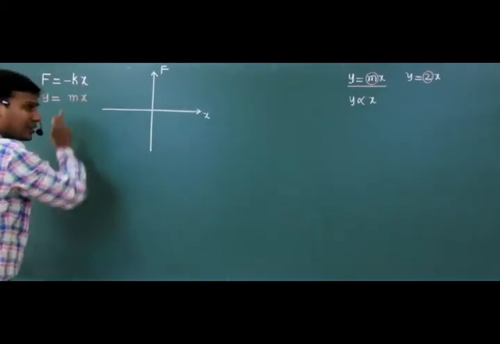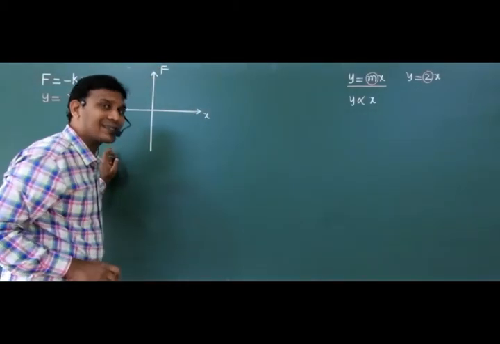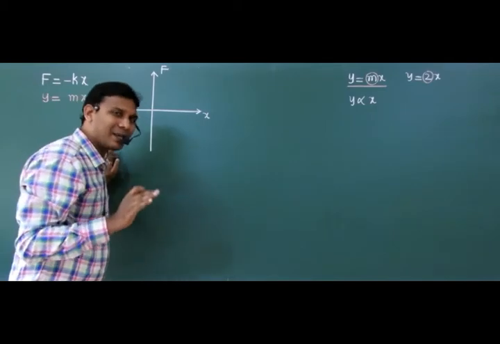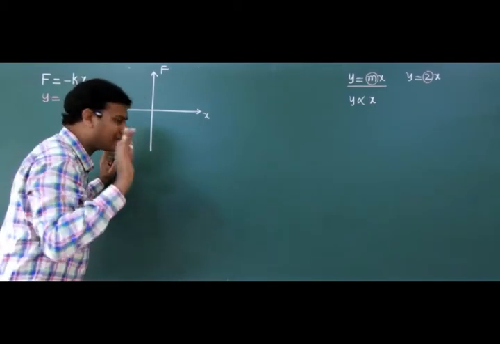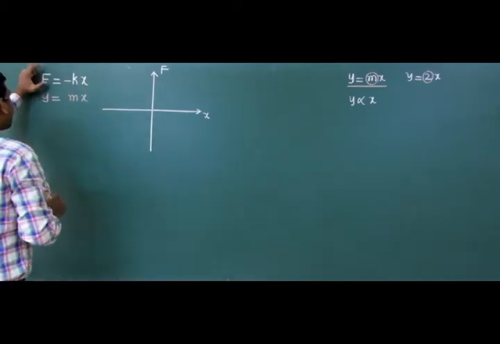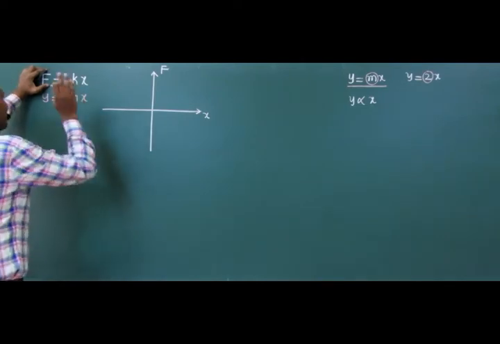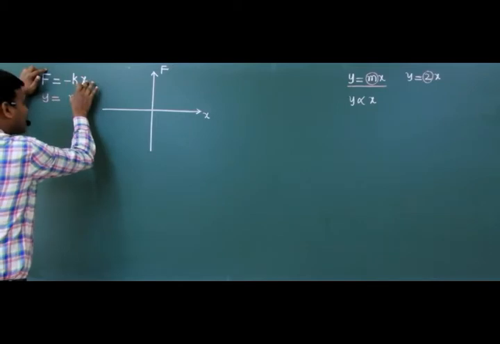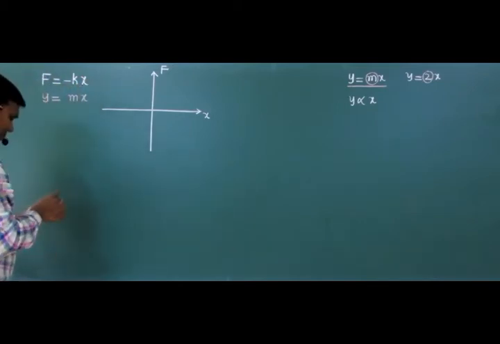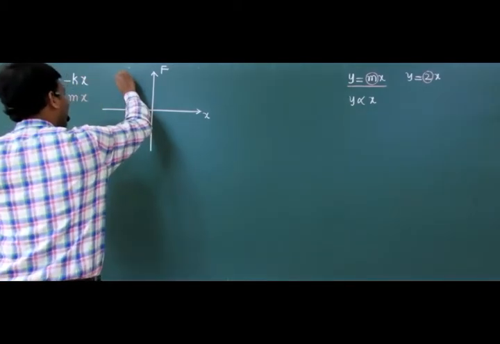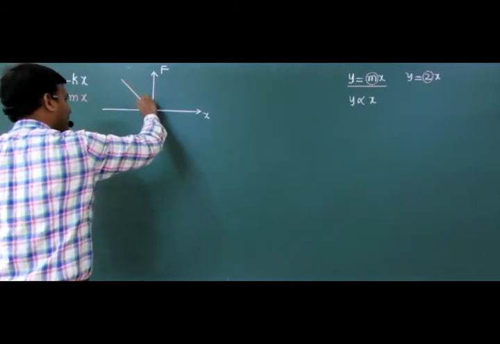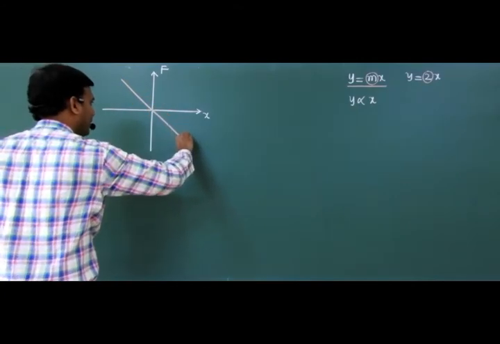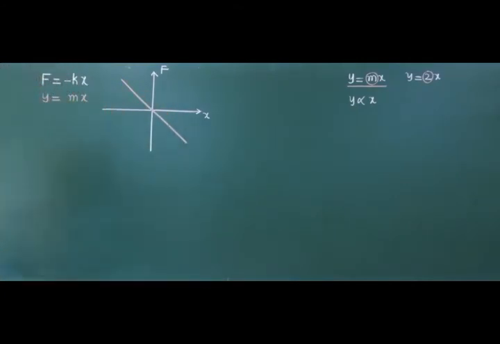X is nothing but elongation, extension, displacement. You can consider any term. So, spring force versus displacement. Here it is minus. Then the graph becomes like this. Am I right? Clear? Okay.